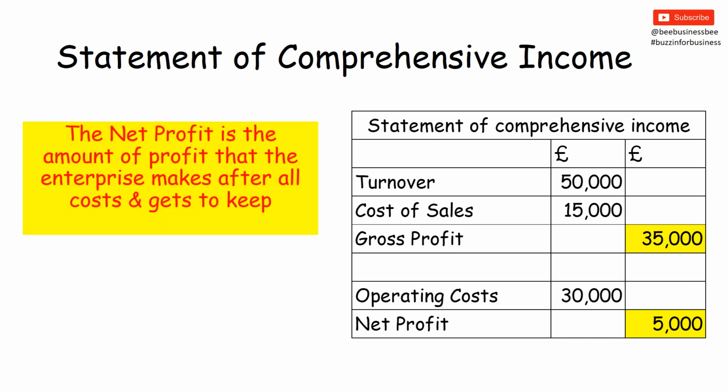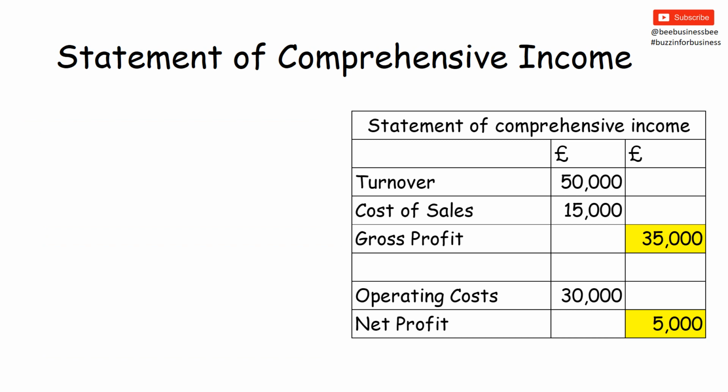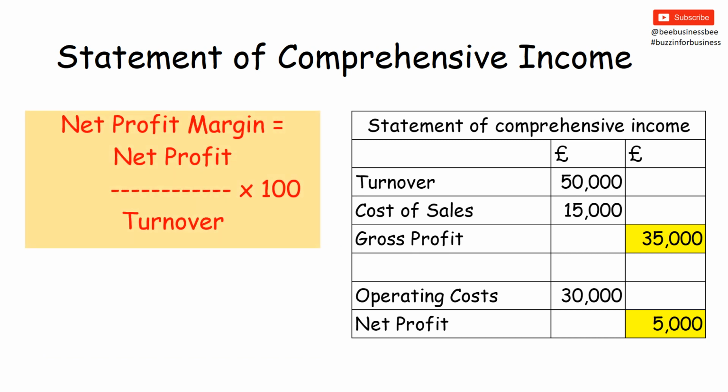Now remember, net profit is the profit that an enterprise gets to keep after all its expenditure has been taken away. And the net profit margin ratio does exactly the same as the gross profit margin ratio, but it calculates it for the net profit rather than the gross profit. So surprise, surprise, the net profit margin is your net profit divided by your turnover multiplied by 100.